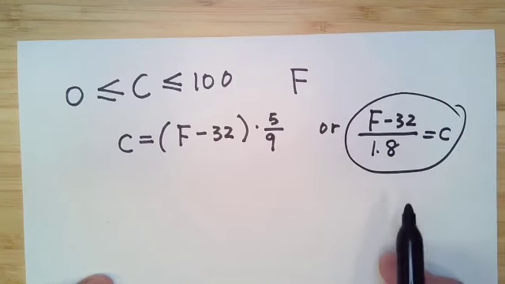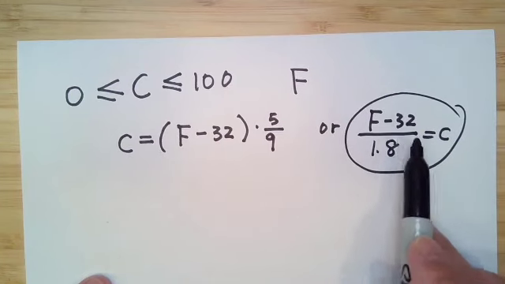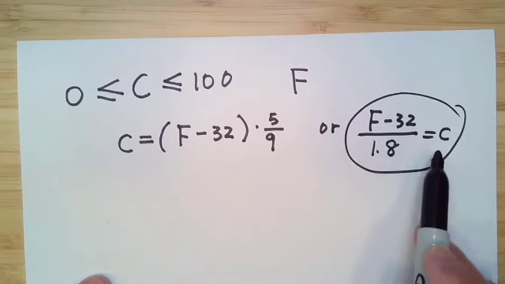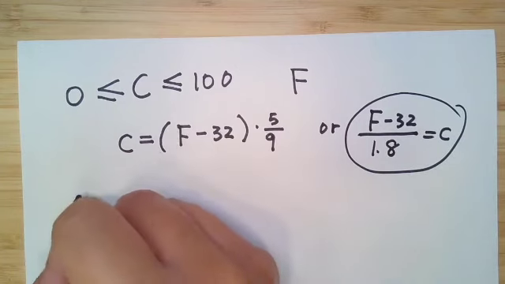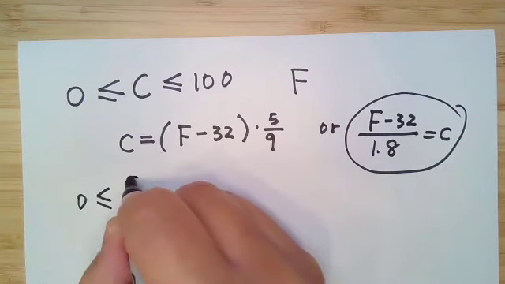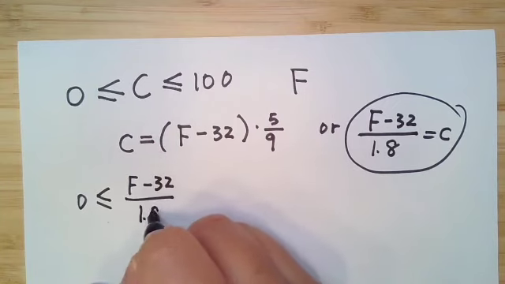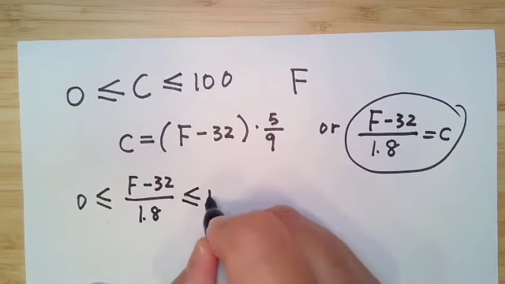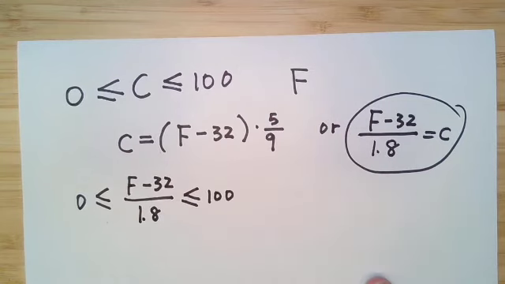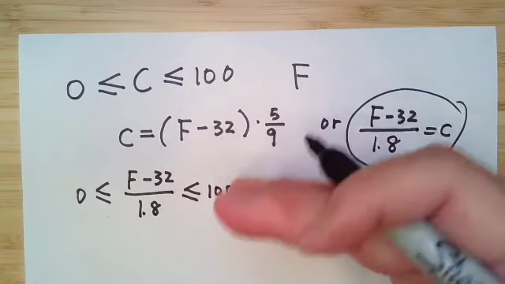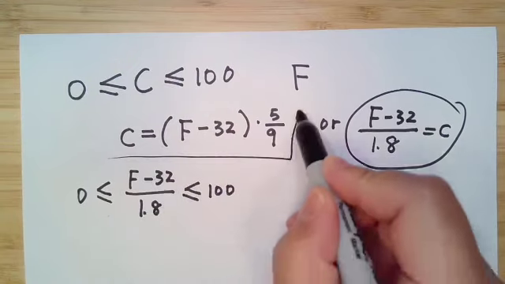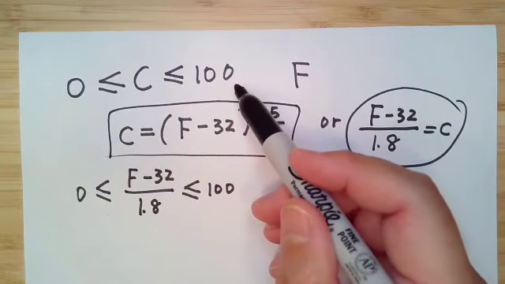Let's just substitute for C here. So I have 0 less than or equal to (F minus 32) divided by 1.8 less than or equal to 100. I already changed from the Celsius compound inequality to this one.